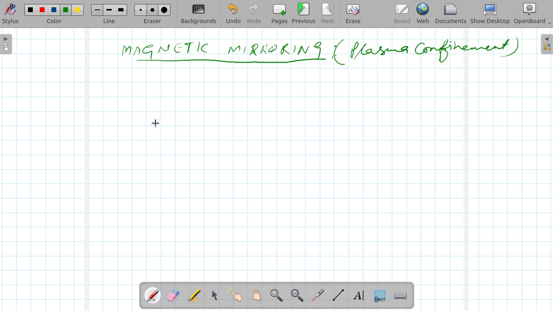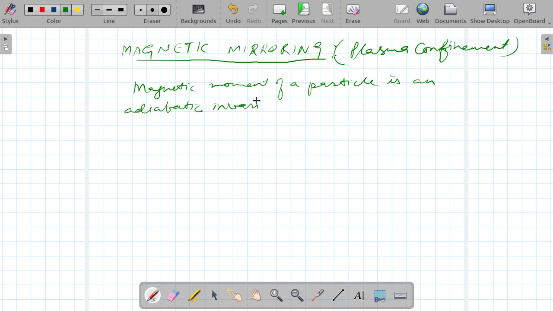So for this, let us consider, as we know that the magnetic moment of a particle is an adiabatic invariant of motion in slowly varying non-uniform magnetic field.